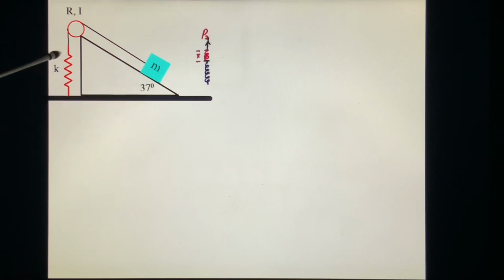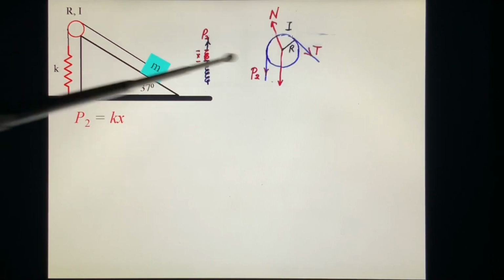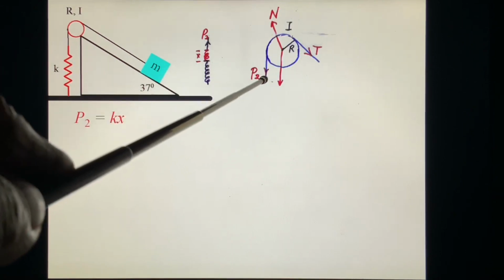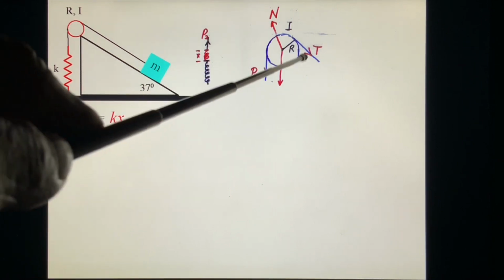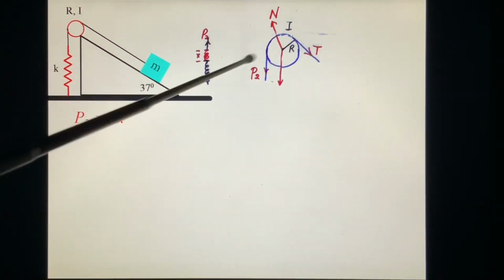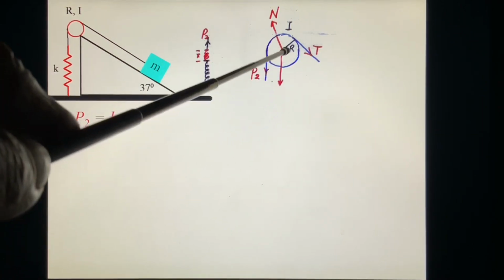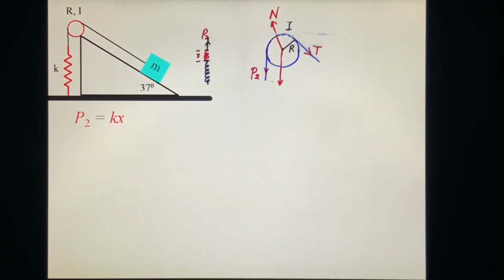The spring is stretched up by x, and it has a force P2, equal to kx in magnitude. Then we look at this disc: how many forces act on it? The force from the spring, the tension from the cord, and we also have a force acting on its axis, the gravitational force and some other forces.